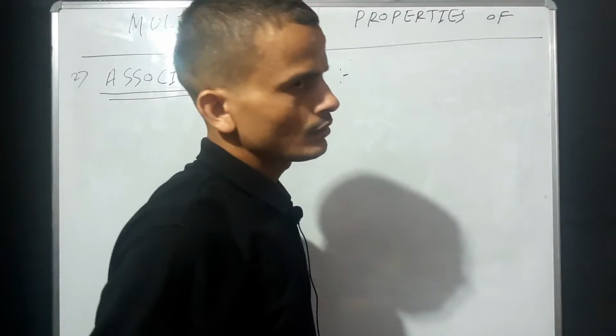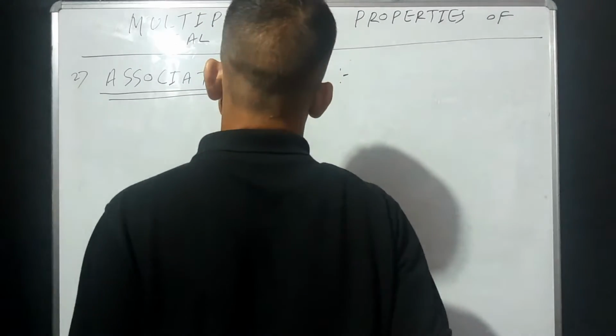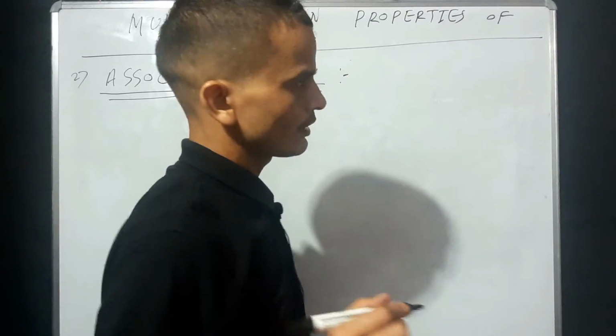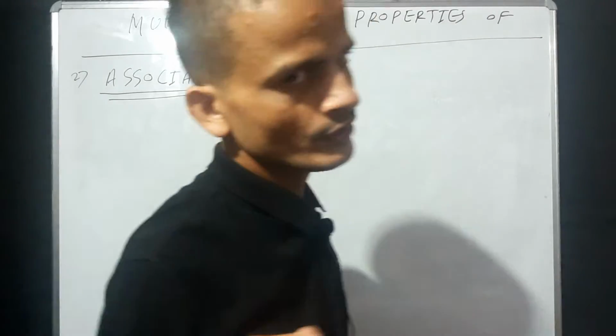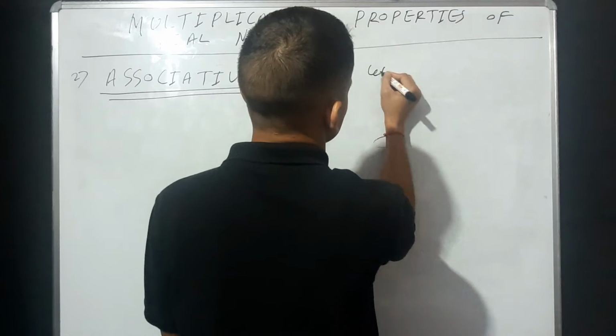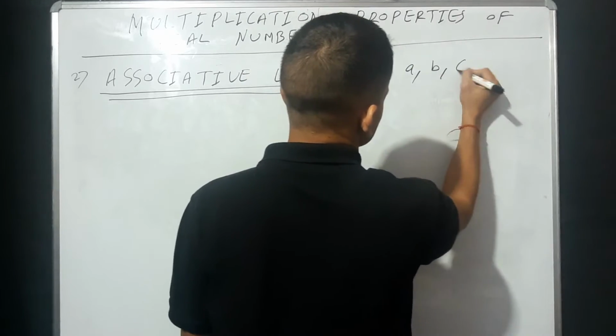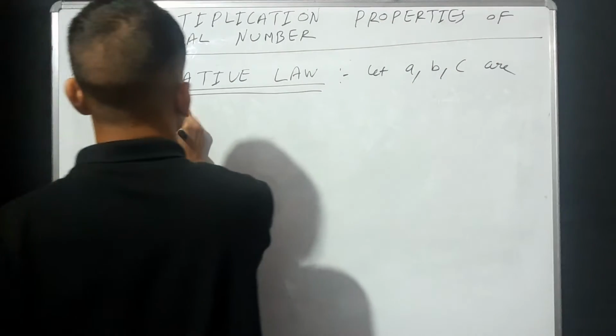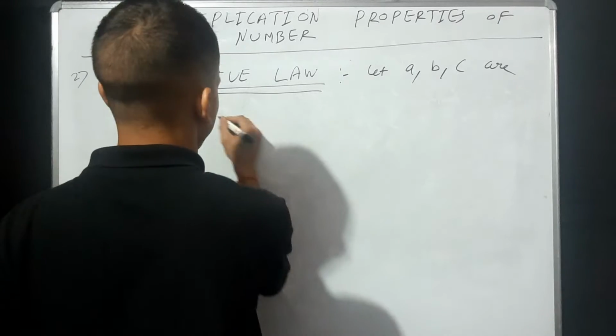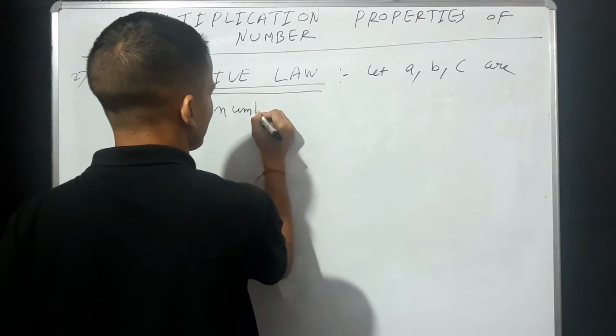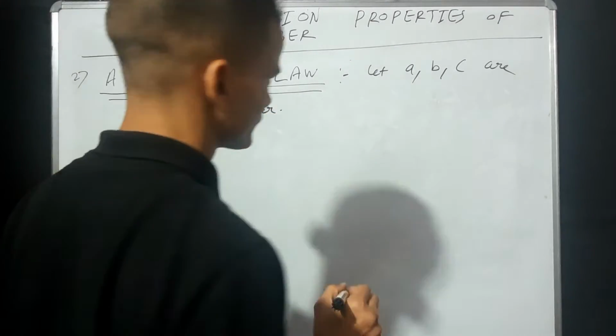If you want to understand the multiplicative associative property of real numbers, let A, B, C be real numbers.